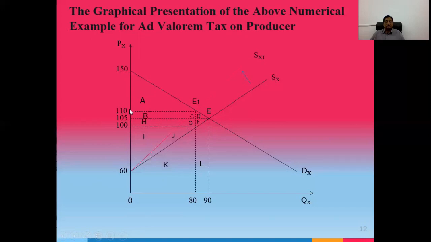This is the consumer surplus after tax. This is the reduction in consumer surplus after tax, BCD. This is the producer surplus after tax, IJ. Reduction in producer surplus after tax is given by HGF. You can understand how the supply curve rotates after ad valorem tariff as we earlier discussed.